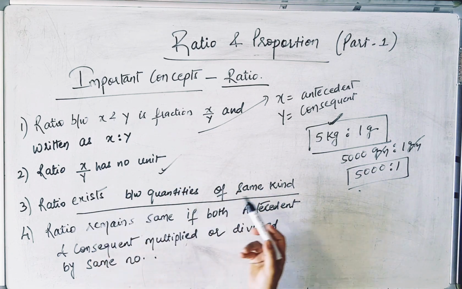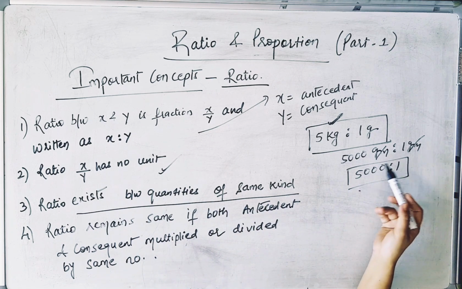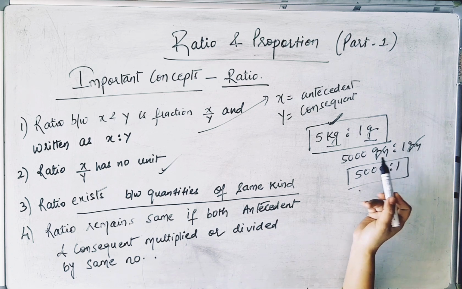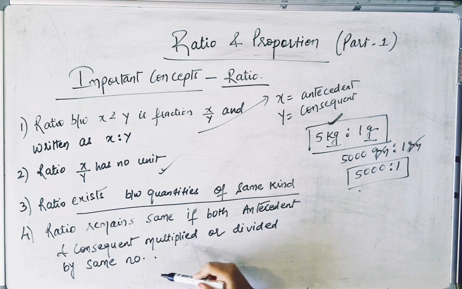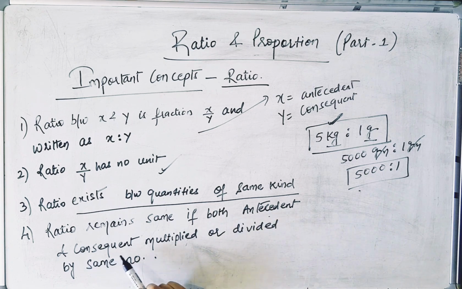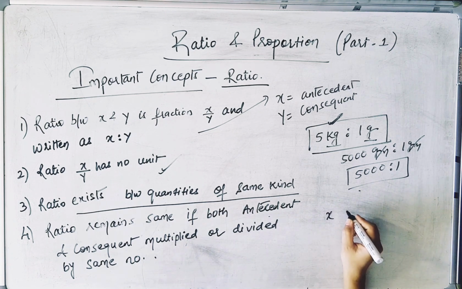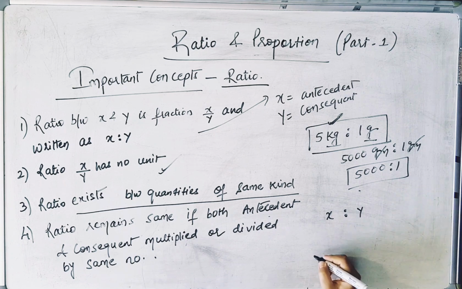Next, ratio exists between quantities of the same kind, as I told you. If the units are different, we make them the same by using the relation. Then the ratio remains the same if both antecedent and consequent are multiplied or divided by the same number. Let's suppose I have a ratio x is to y.